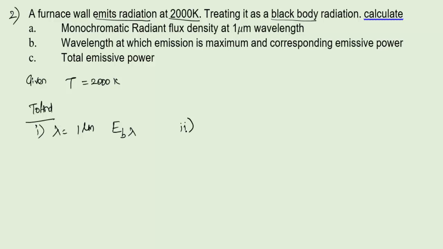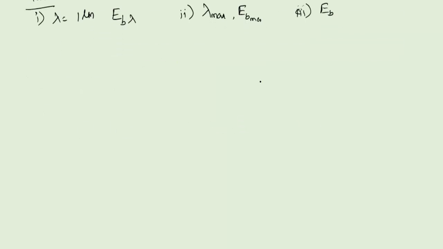Second thing, the wavelength at which emission is maximum, so lambda max you have to find out, and the corresponding emissive power of the black body. In the final third case you are asked to find out the total emissive power EB. So this is EB max, this is EB. Now go to the solution.